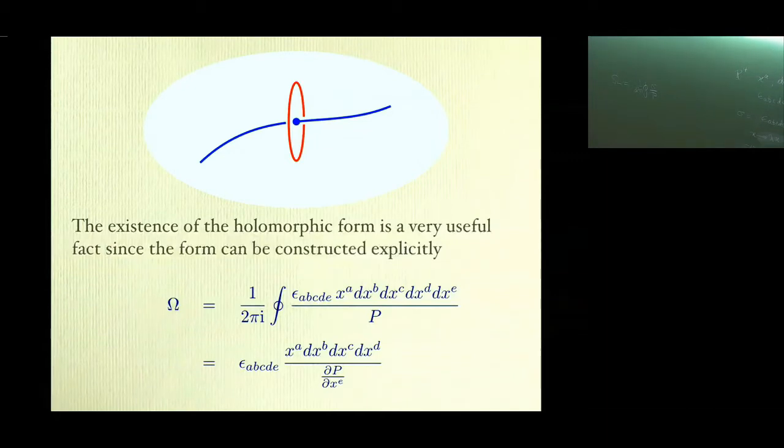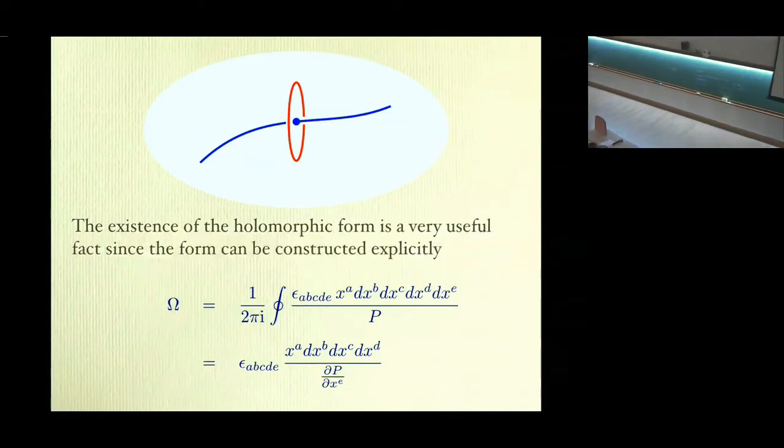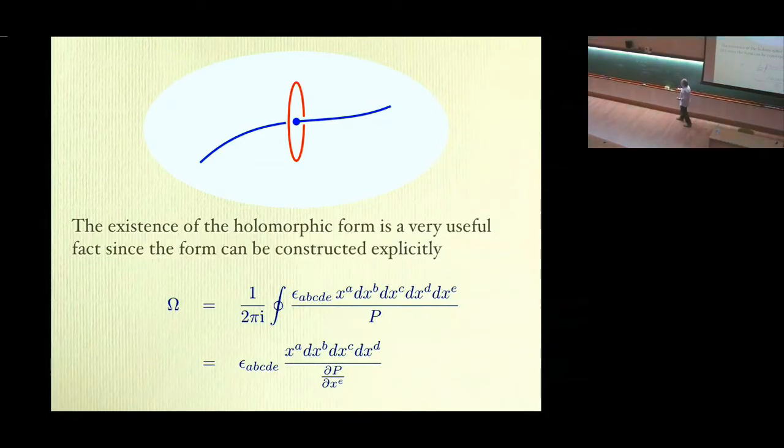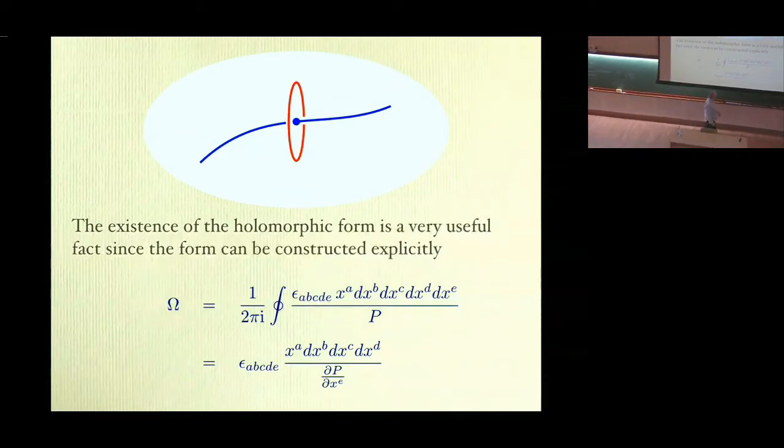So if you do this construction, pick a point on the manifold, integrate this 4 form around, then you end up with something which is invariant under scale and is in fact a holomorphic 3 form, and it all works because P was quintic. Right? So this is in fact why you choose a quintic in P4.